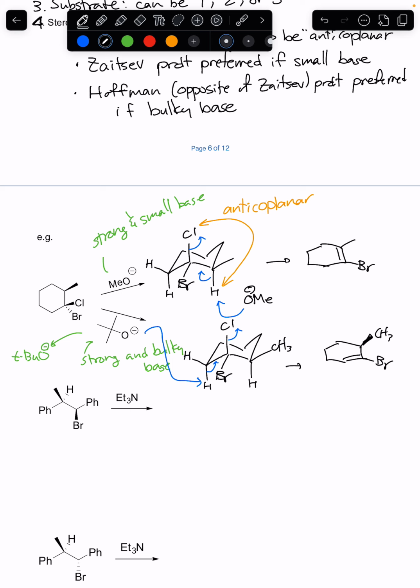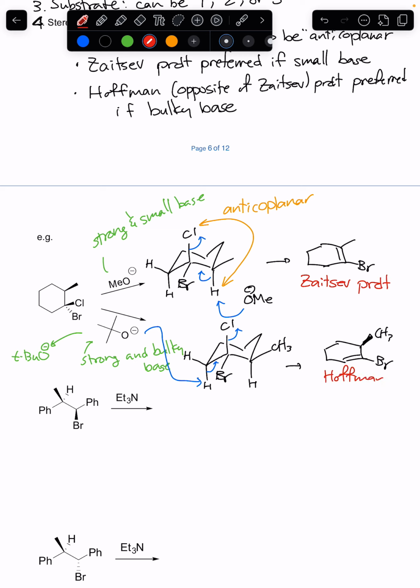Now, let's see if we can identify one of these as the Zaitsev and the other as the Hofmann product. I hope it makes sense to you that this is the Zaitsev product. It's the most substituted product, and then the bottom one here would be the Hofmann product from the same starting material.